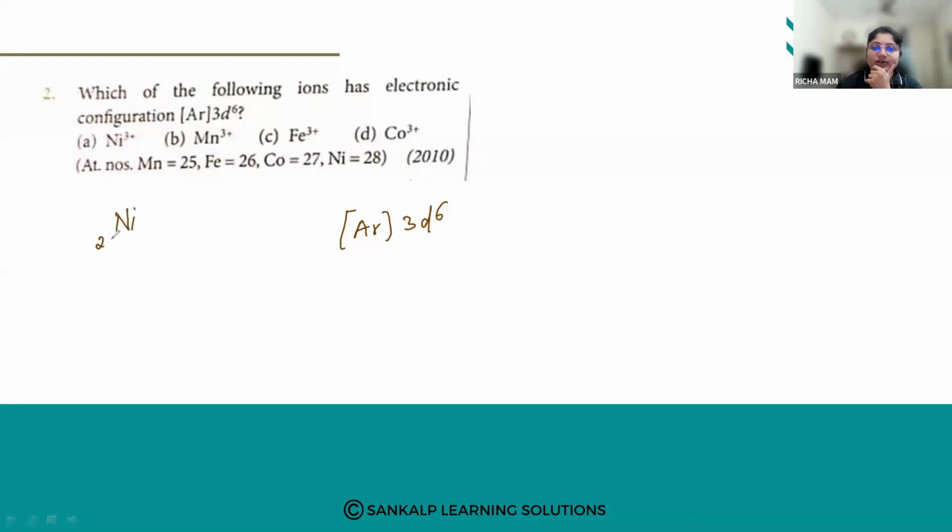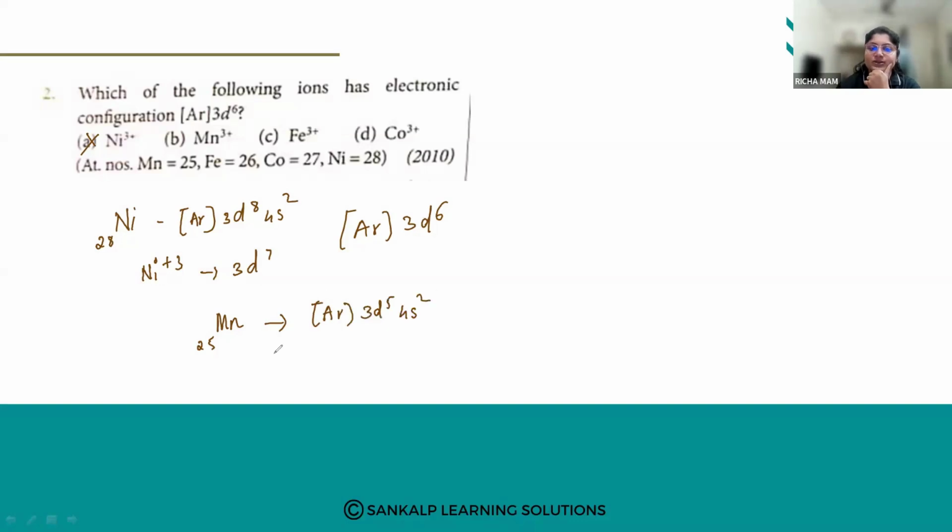Nickel is argon 3d8, 4s2. Nickel plus 3 means it will be 3d7. So this option is wrong. Then Mn is 25, so it will be argon 3d5 4s2.